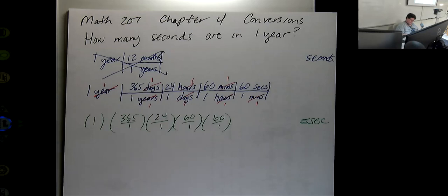Let's figure out what that is. So I've got 1 times 365. I fat fingered the keyboard. 365 times 24 times 60 times another 60.